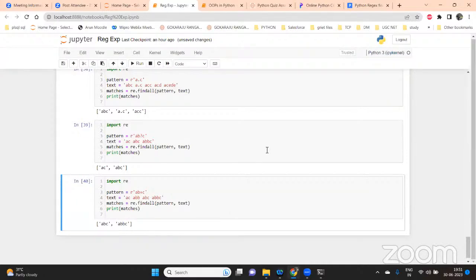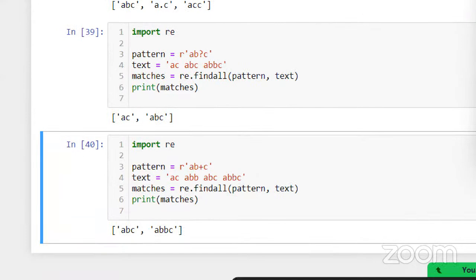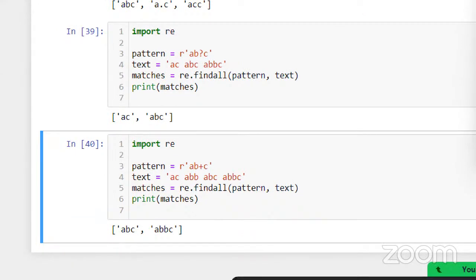Again, Rishi, Lokesh Reddy. How is it the correct answer? Plus means one or more occurrences. In between A and C, we have one B or 2 Bs or 3 Bs and so on. That's why ABC and ABBC are the answer, sir. Okay.